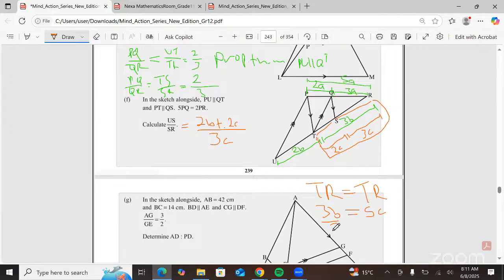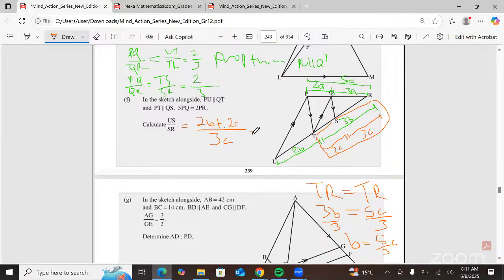Therefore you can divide by 3 on both sides, so B becomes 5C over 3. This is my B.